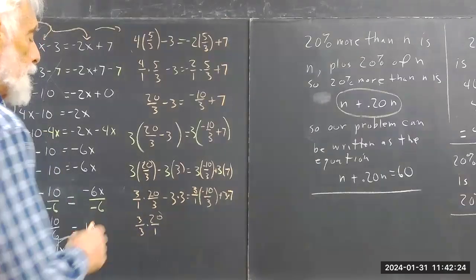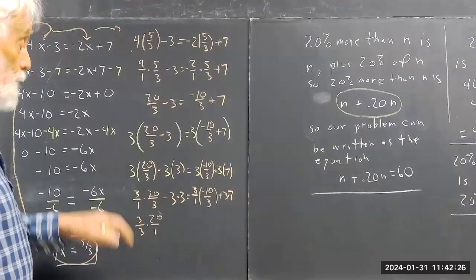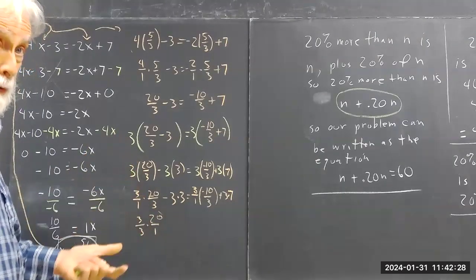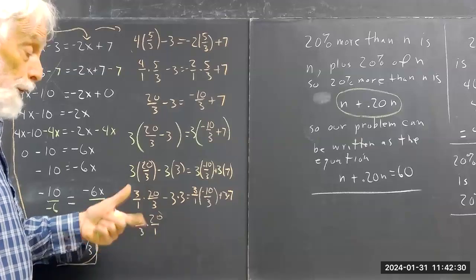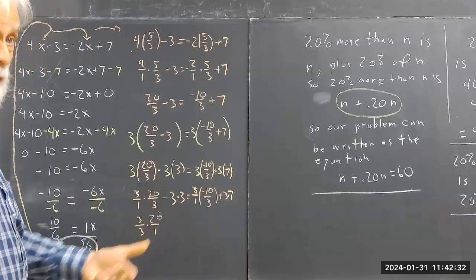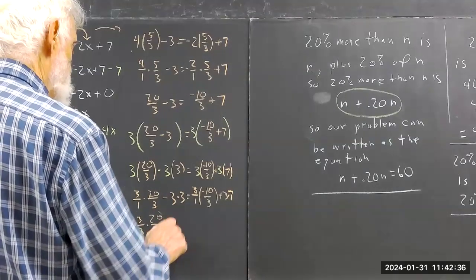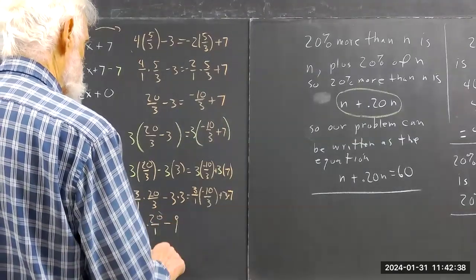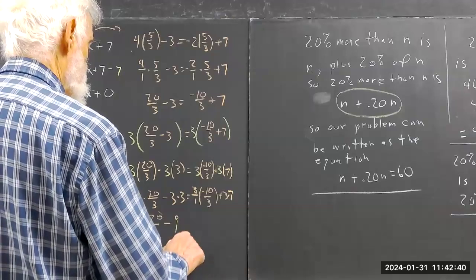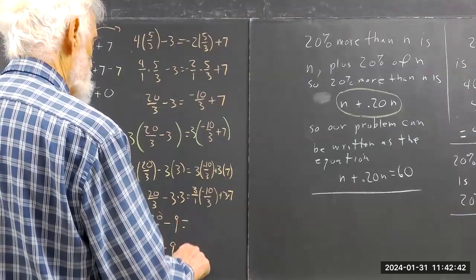And then 3 divided by 3 is 1. And 1 times 20/1 is just 20. You divide 20 by 1, you get 20. You multiply that by 1, you get 20. So this becomes just 20. And then this is minus 9, obviously. And that's equal to what?